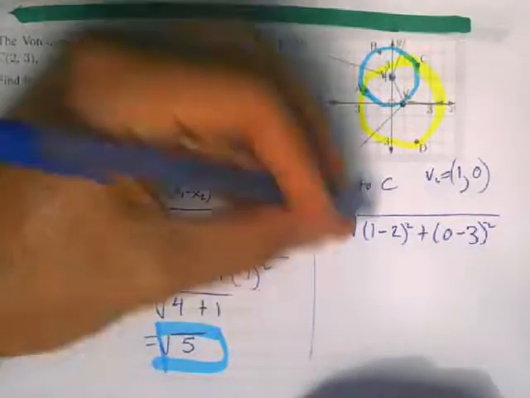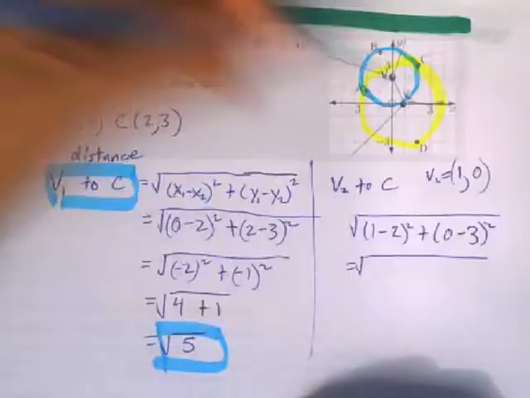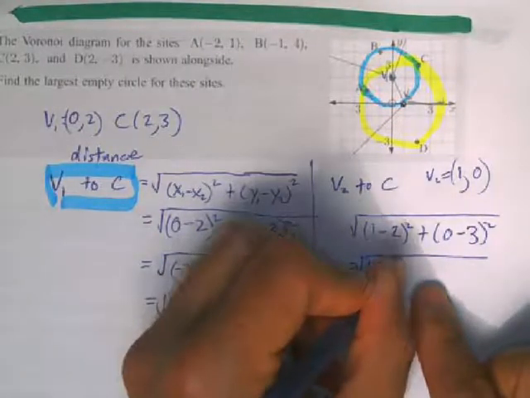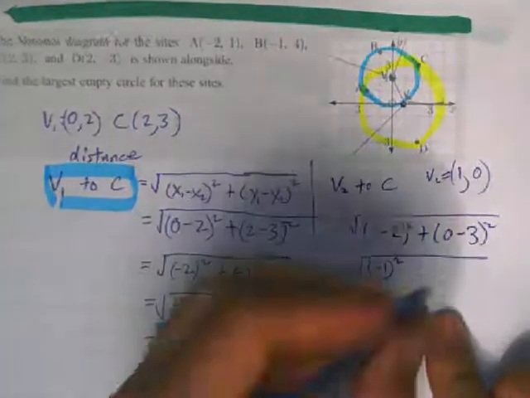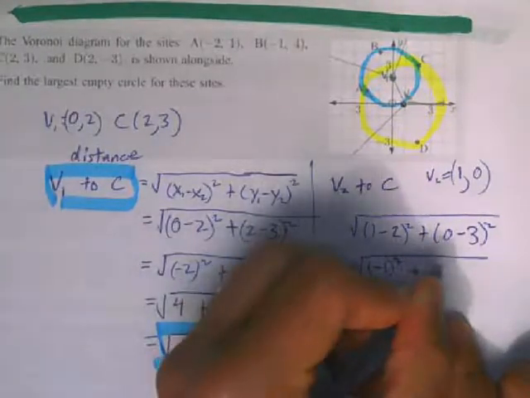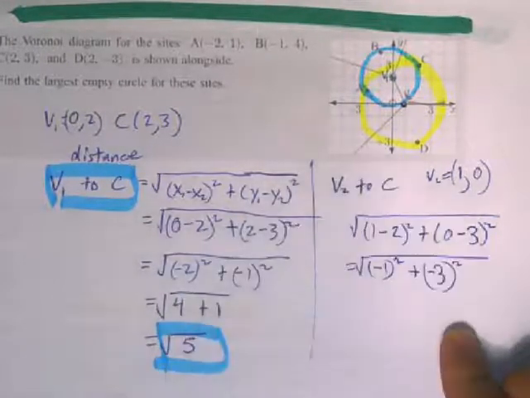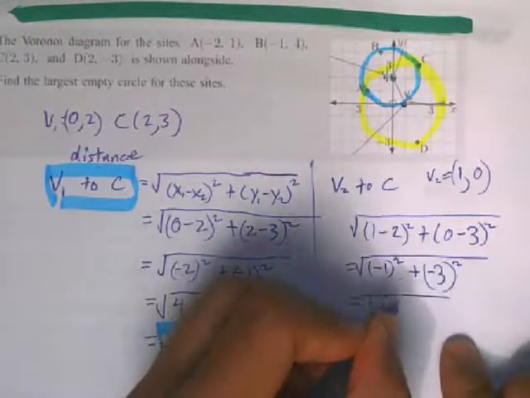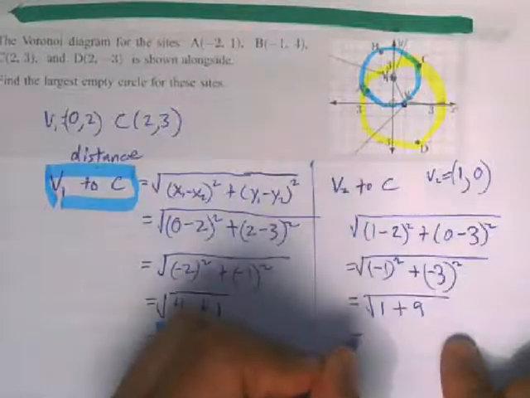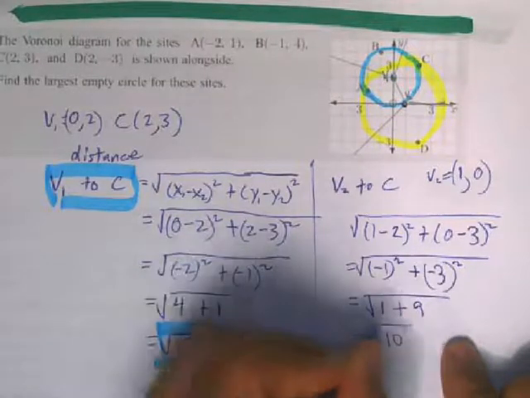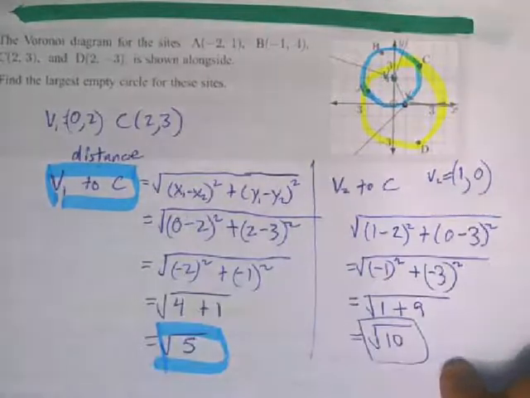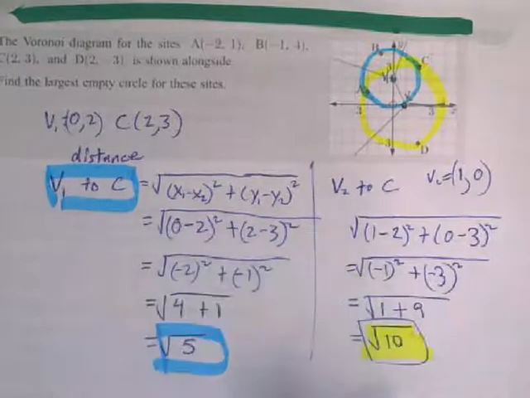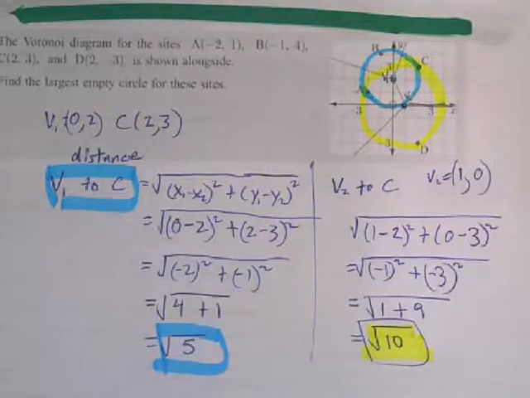And we get negative 1 squared plus negative 3 squared. So we get 1 plus 9, square root of 10. And as I said before, you can visually see that the yellow circle has a larger radius.